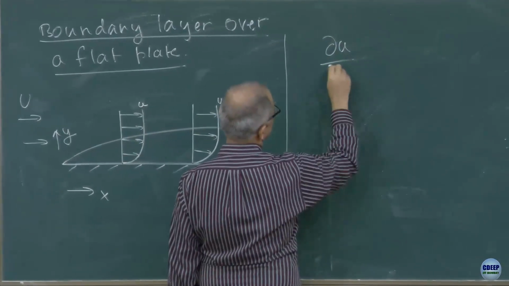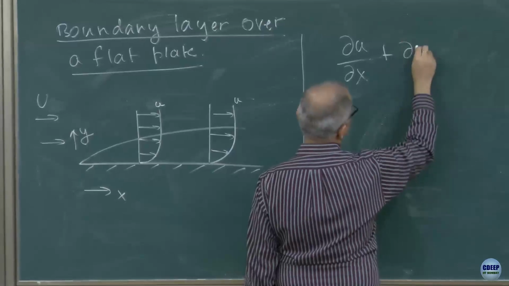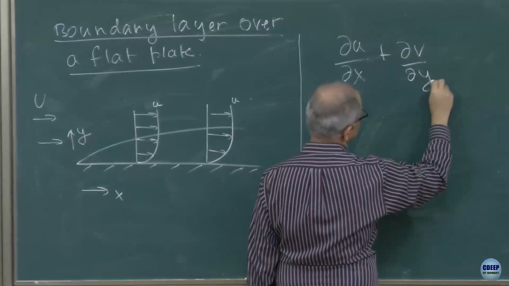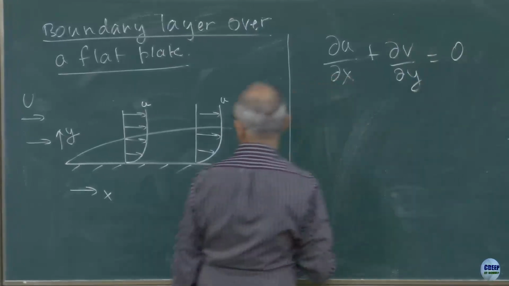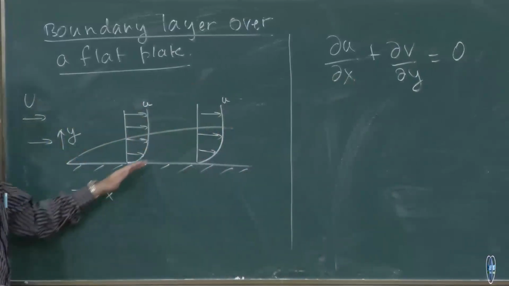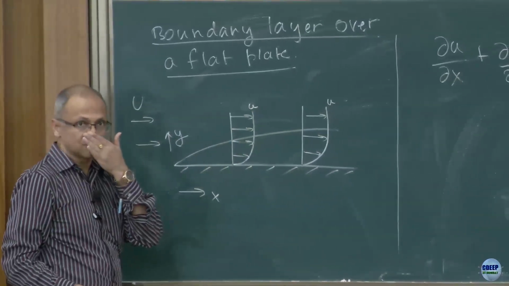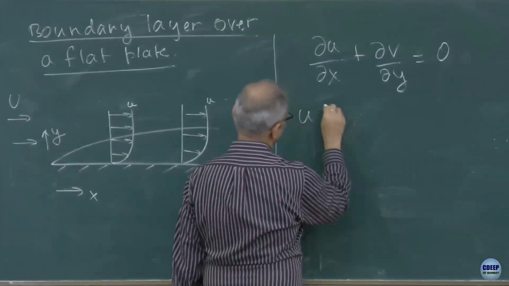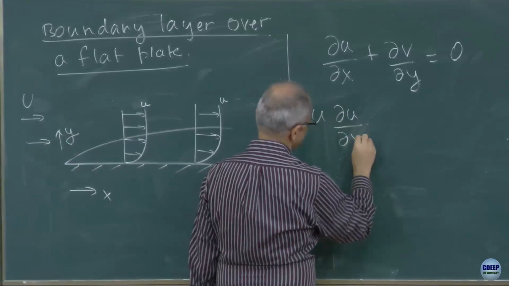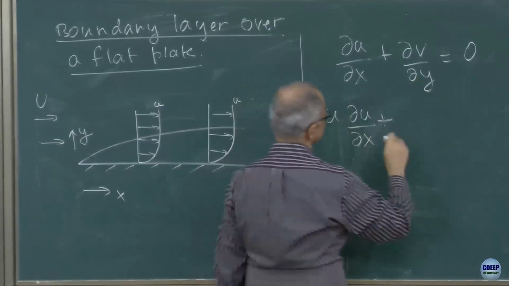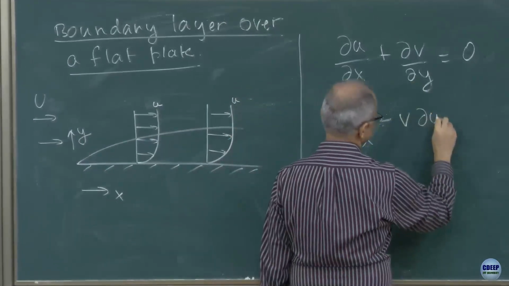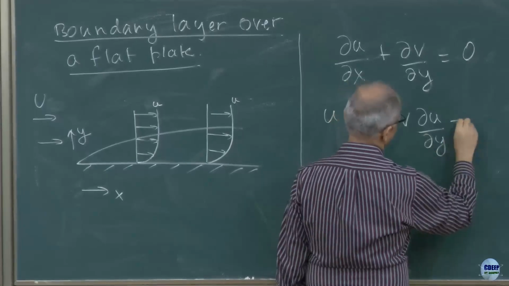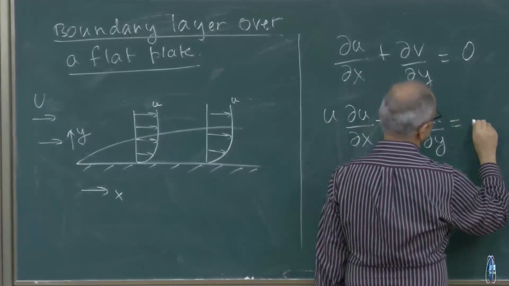maybe we can start saying that these are my governing equations. So here we will be interested in finding out what is the equation of this boundary layer. Okay, so that is what we would like to derive. So we know that we have the continuity equation and the momentum equation, which are there.